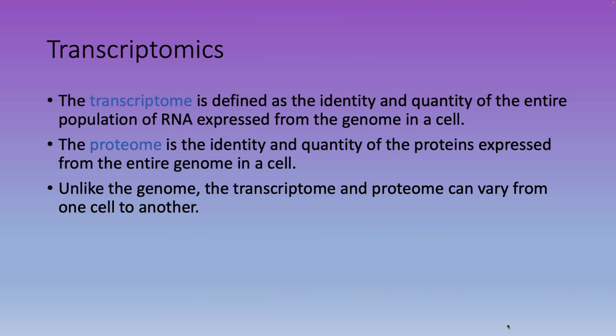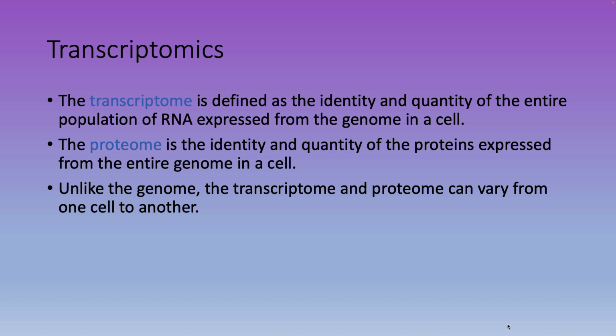When we talk about transcriptomes, basically what we're talking about is the identity and quantity of all the RNA that's expressed from the genome in a cell or a sample of cells. Additionally, we feel there's a relationship between this transcriptome and something we would refer to as the proteome.